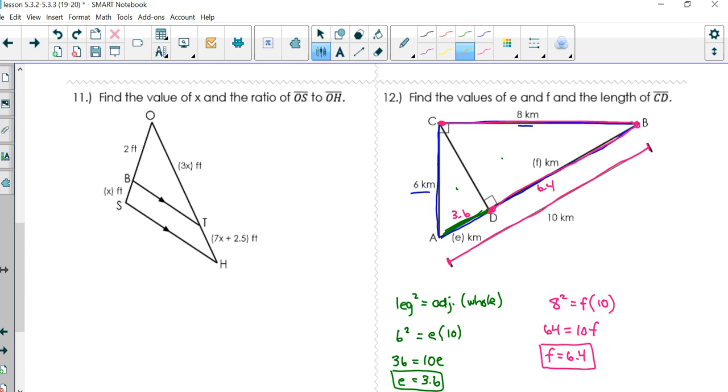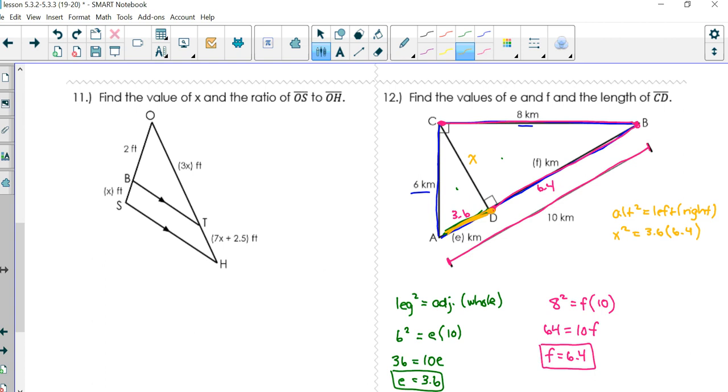Okay, the last piece was asking for the length of CD right here, which is our altitude. So I'm going to call this x, and then I can use the shortcut of altitude squared equals left times right, which I couldn't do until I first figured out E and F. So x squared equals the left, 3.6, and the right would be the other piece, 6.4.